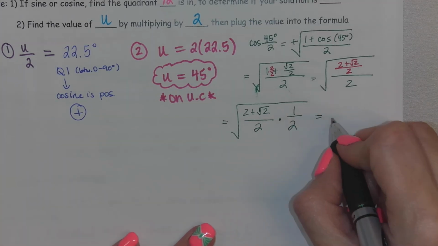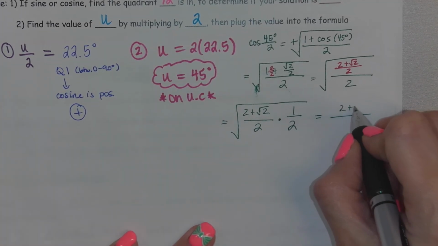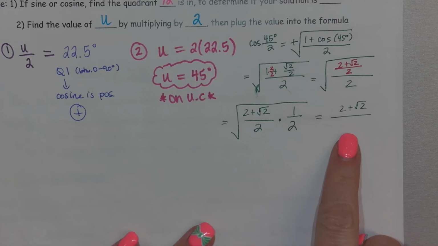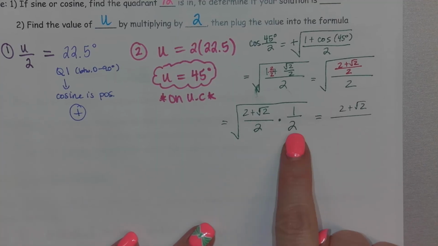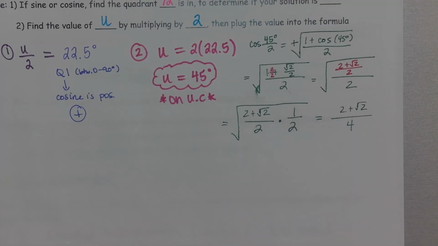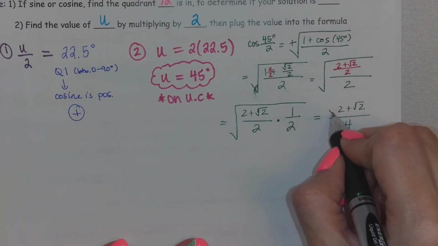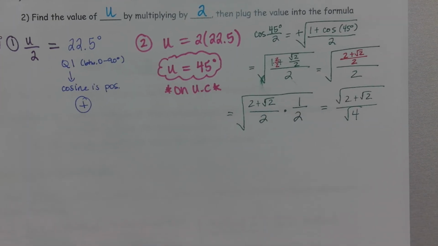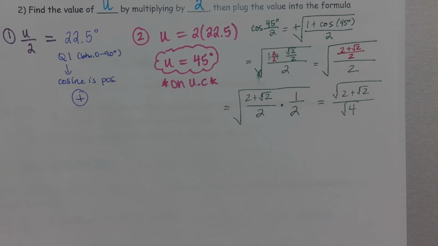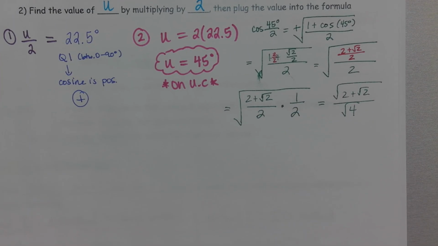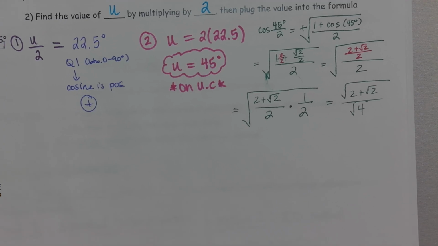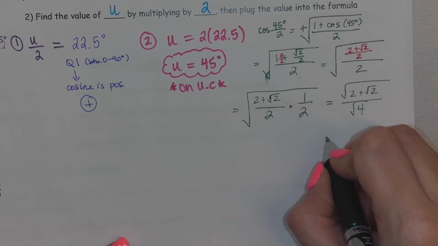All right, so then on the top, you get 2 plus root 2. What do you get on the bottom? 4. 2 times 2 is 4. Sometimes when we're working with 2s, people want to keep it as the 2. Okay, and then we still have the square root. We're going to split it up into the square root of the top over the square root of the bottom. And why would I do that? Yeah, because it's a perfect square.